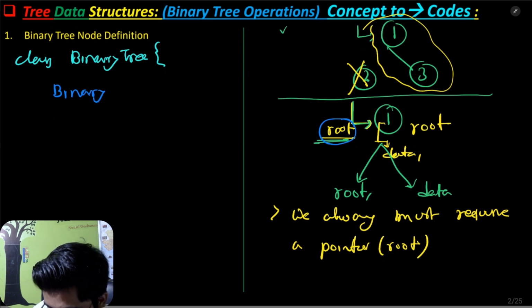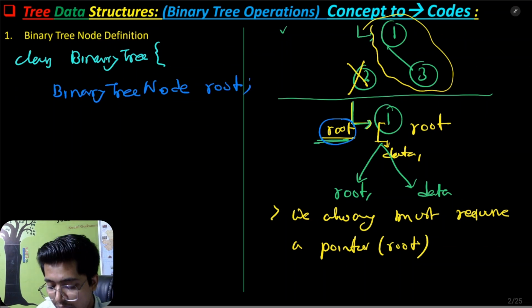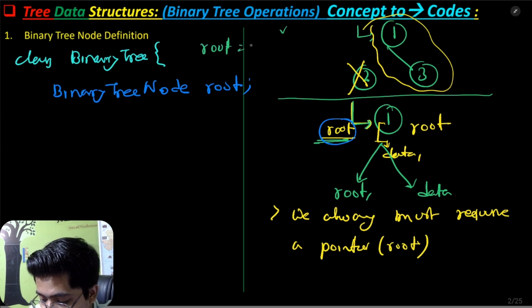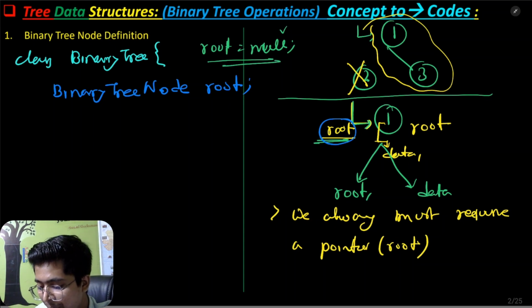If we observe what will be the architecture of this binary tree node, whenever we have created this binary tree node, it is just like this. This root, in terms of programming, is like this: root equals null. So it is not having any value. It's ready to be used. It's just null. Now the value of root is null. So if you call the value of root, that will be null.